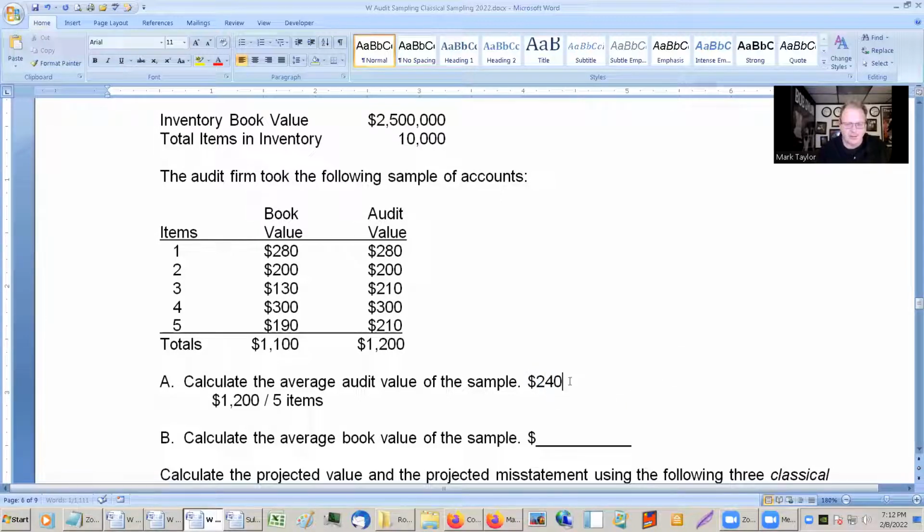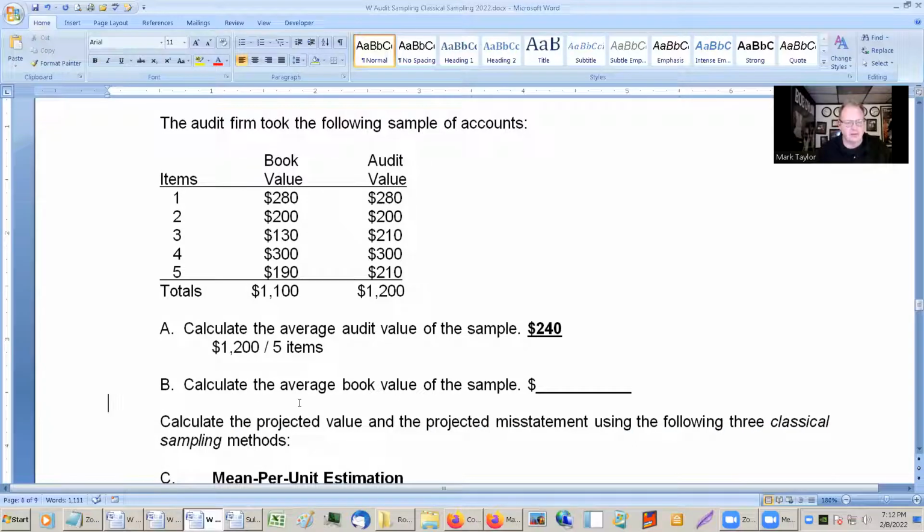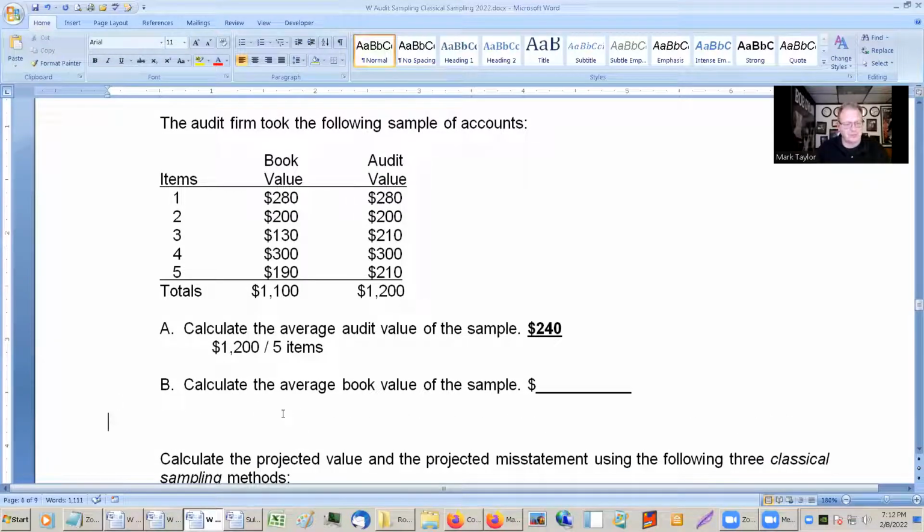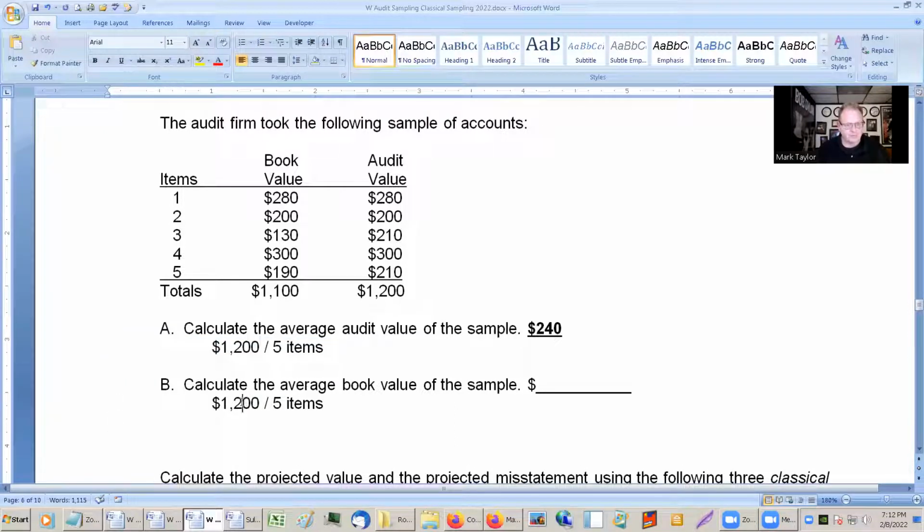Oh, okay. So we'll do the same thing with the book values. $220. Okay.